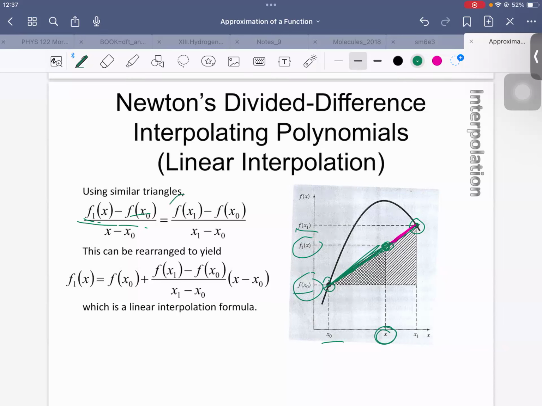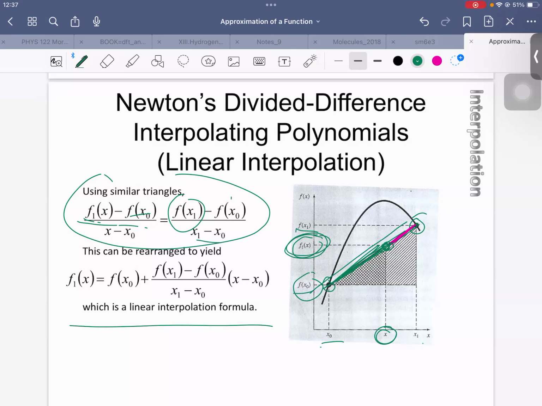So you have f of x1 minus f of x0, the whole line pala, sorry, yeah, over x1 minus x naught. Okay, now, since gusto mo interpolate, you need to create a function. So ito yung unknown function mo, f sub 1. By rearranging this equation, you can have a linear equation for this. And this is actually the linear interpolation formula.